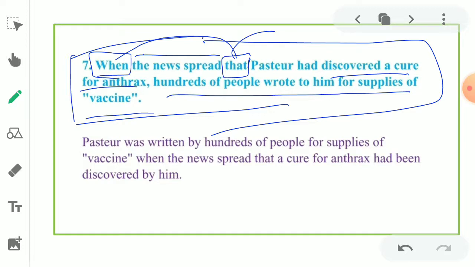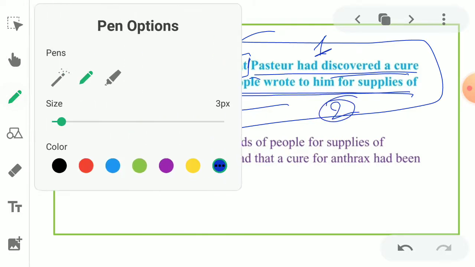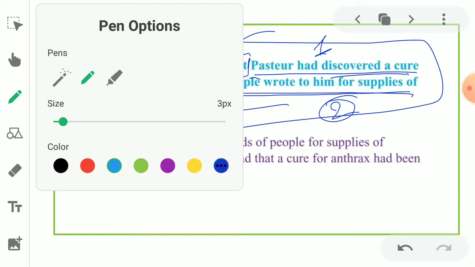Got it? Pasteur had discovered a cure for anthrax. Okay, one clause. Then hundreds of people wrote to him for supplies of vaccine. So there are two sentences. Let me take a different ink to show you.